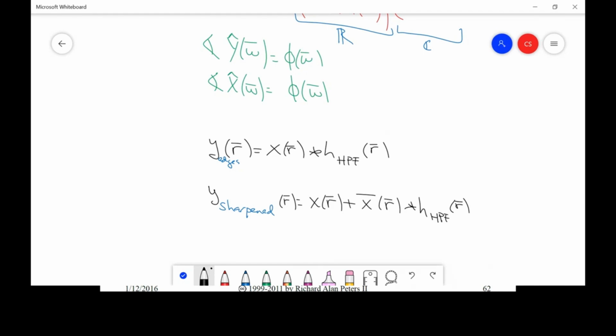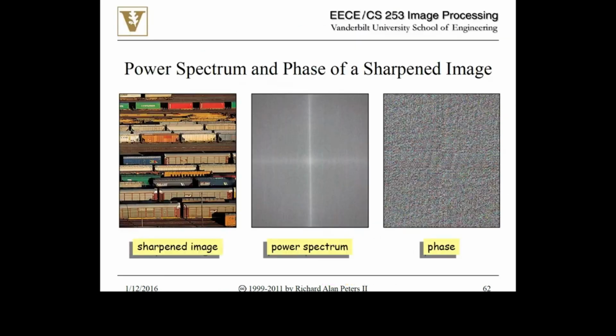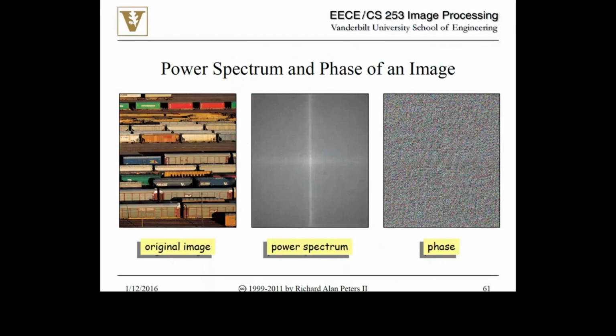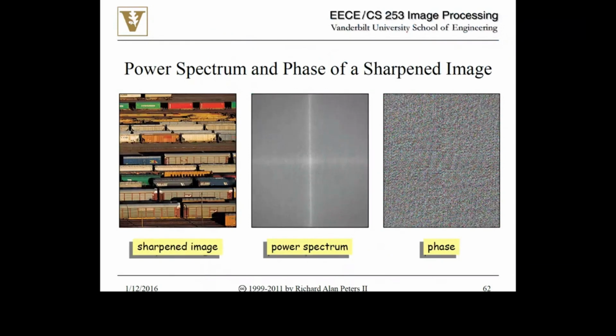So what I'm doing is the original plus the edges of the original. How does it look like? So you have here the original, and now the edges of the original on top.